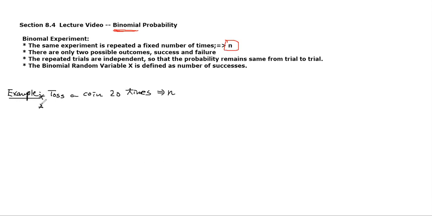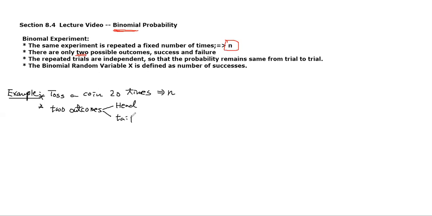The second condition for the binomial distribution is that every time you do the experiment, you only have 2 possible outcomes. That means it's either a success, which you can define, or a failure. Like in this example, I toss a coin 20 times, so I only get 2 outcomes, head and tail.